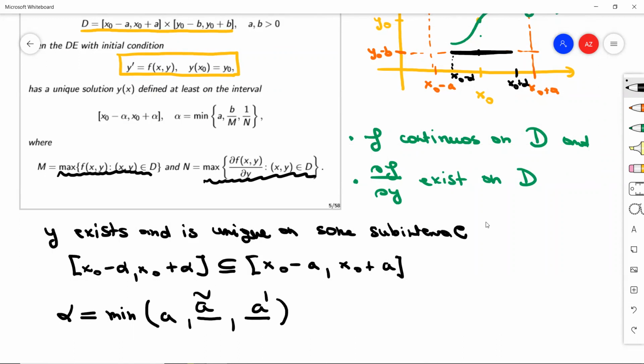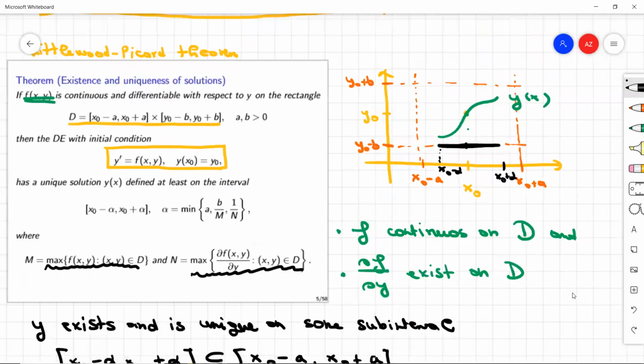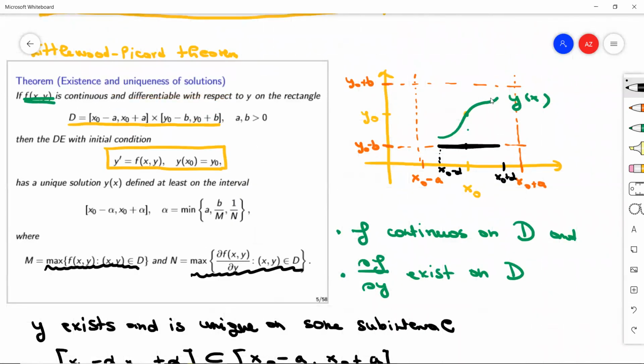I won't prove this theorem. What you have to remember is that under these conditions, that f is continuous and differentiable with respect to the second variable, the solution indeed exists for every such f, and it is unique on some subinterval of the initial rectangle.